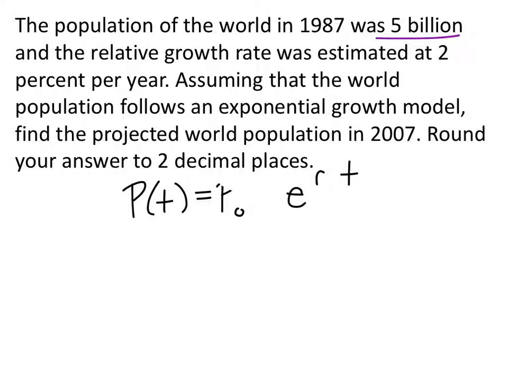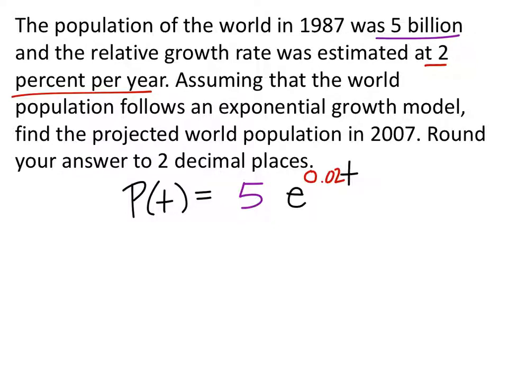So I'm going to replace my initial population with 5, just knowing that my answer will be in billions. Then they gave us a rate of 2% per year, so that is my rate. I'm not going to put 2 there because I need the decimal value, 0.02.